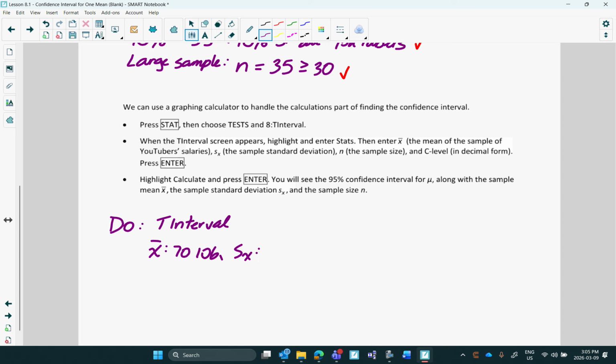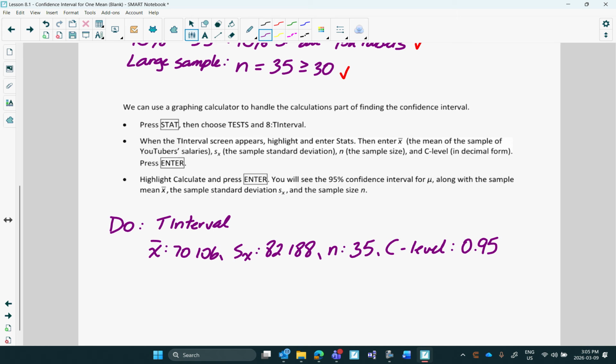Your sample standard deviation, which was 82,188. Your sample size, which is 35. And your C level, remember C level has to be decimal, not percent.